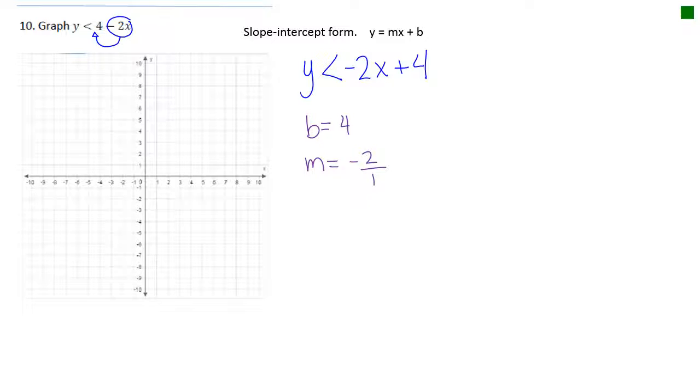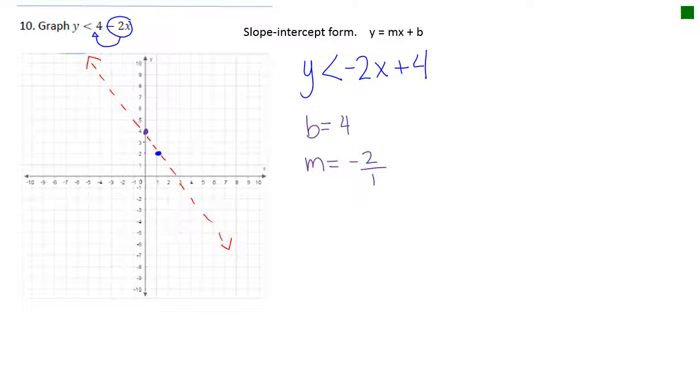And we can plot our points. So we have positive 4 as our y-intercept, and then for our slope, we'll go down 2 and to the right 1. Now when we plot our graph, remember it's less than, so it's going to be a dotted or dashed line. It's not going to be solid, so we need to make sure it's dotted or dashed.